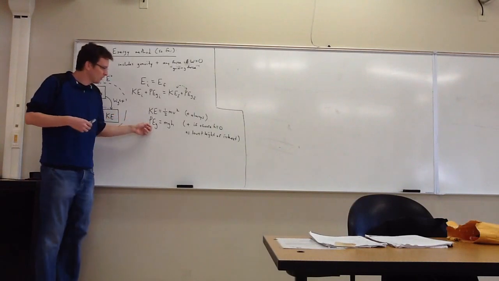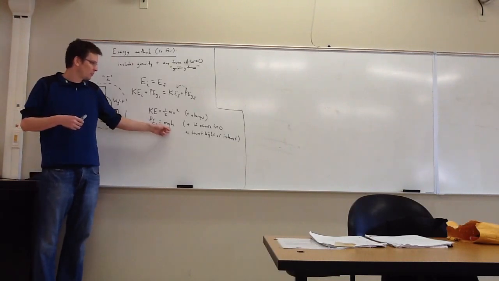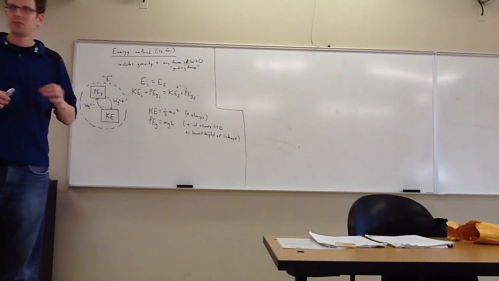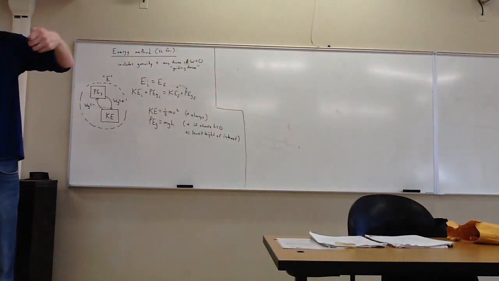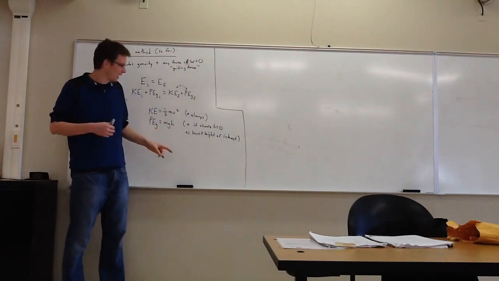And here's our formula for gravitational potential energy. That's how we keep track of that account of energy. It's the object's mass times g times the height. And we can also keep that 0 or positive if we choose a reference point that makes sure that's the case.